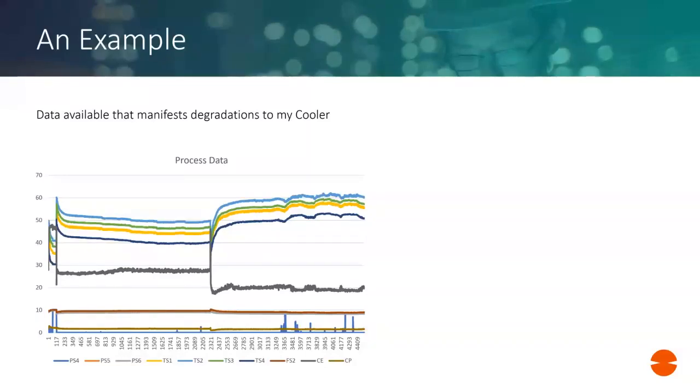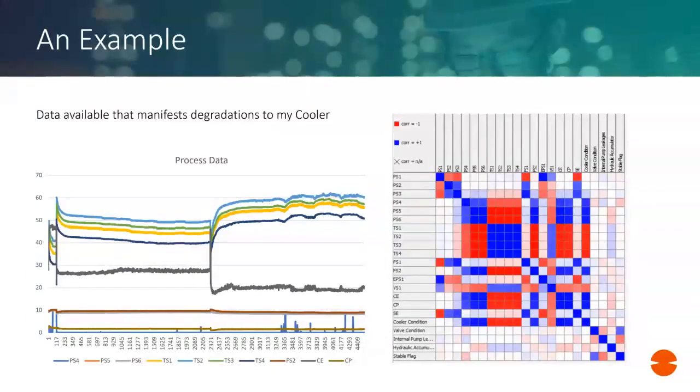However, when I look at the data in relationship to the failures that have been recorded, which we see here on the right-hand side, so we have the data here in these columns for pressure, temperature sensors, some flow sensors, the velocity of a pump, and here in the bottom I have a number of additional data sets that I added for my cooler condition, which tells me about the health condition of my cooler, my valve condition, identical, if there is an internal pump leakage, if I have hydraulic accumulation, and if the process was actually in a stable condition.